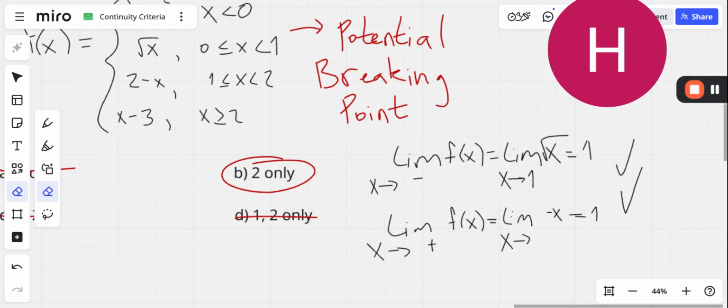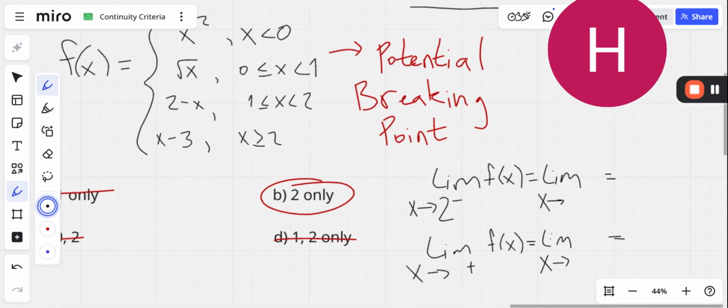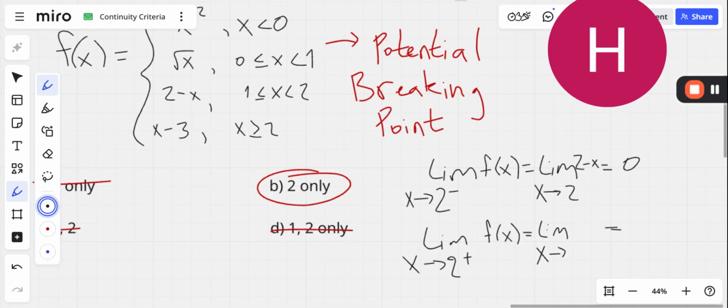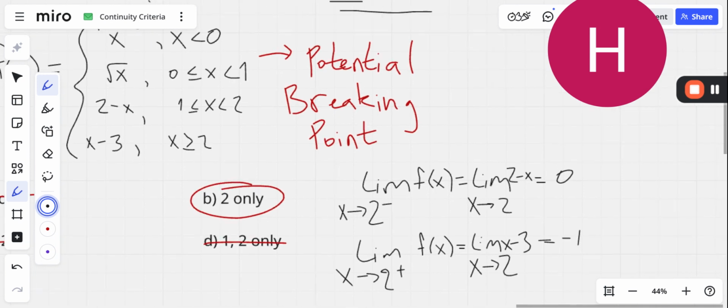Noticing that the left side is going to be using the third piece, this piece here, 2 minus x, and 2 minus 2 is just 0. Meanwhile, on the right side of things, we will be using this bottom piece, x minus 3, and 2 minus 3 is negative 1. So we do not get continuity there. That is exactly what we predicted, that the function is not continuous only at x equals 2.